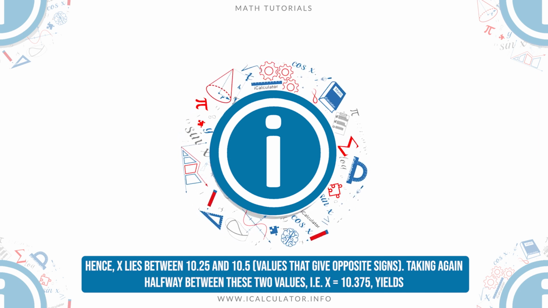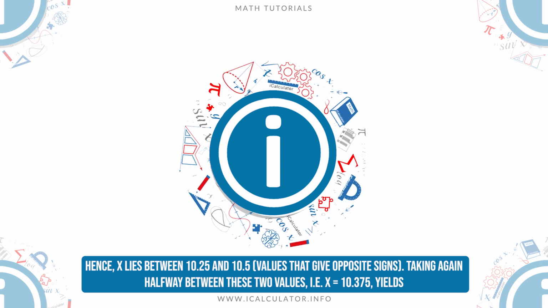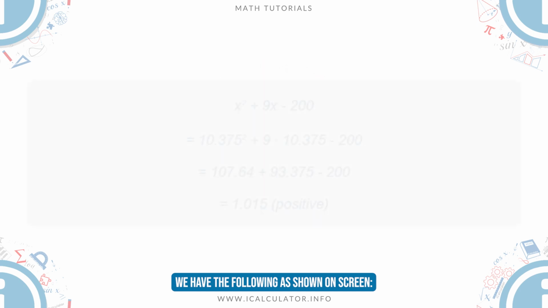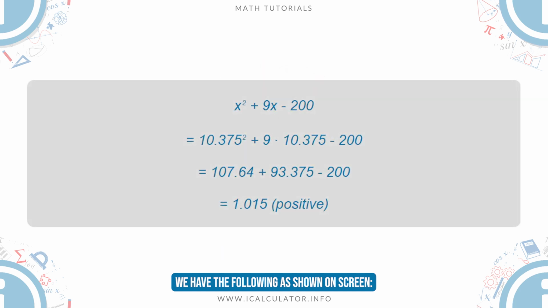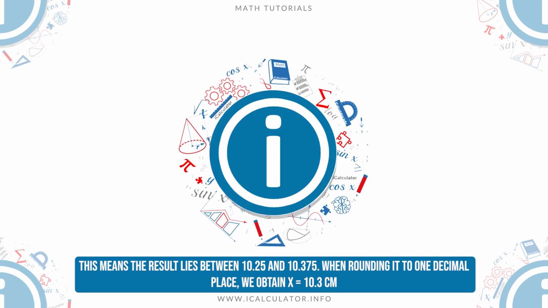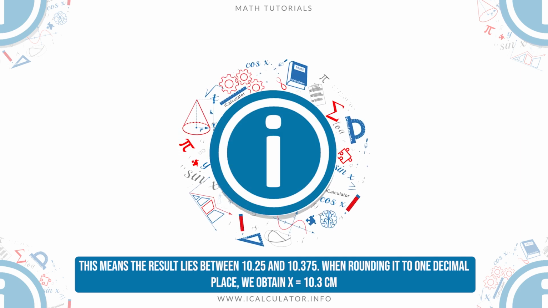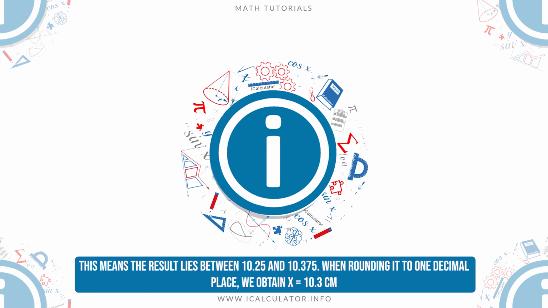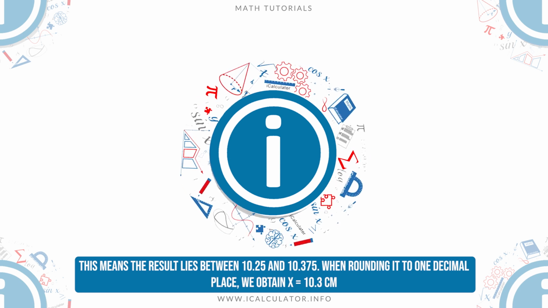Taking again halfway between these two values, i.e. x equals 10.375, we have the following as shown on screen. This means the result lies between 10.25 and 10.375. When rounding it to one decimal place, we obtain x equals 10.3 centimeters.